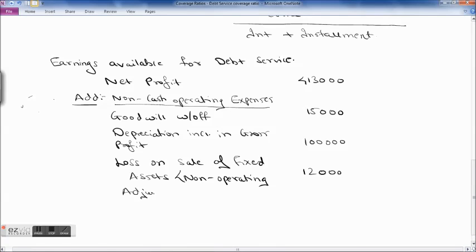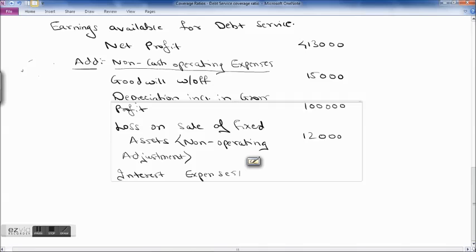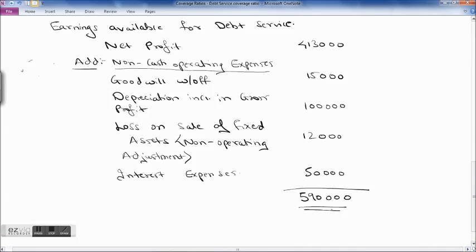Then what we have to add is your interest expense, because we want to know the profit before paying your interest. Interest expense is 50,000, so we will add back 50,000. Now if you add all this, what you will get is 5,90,000.